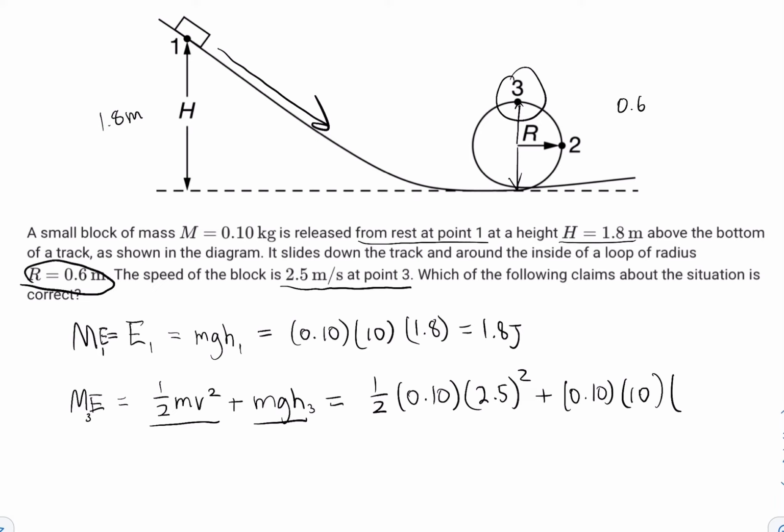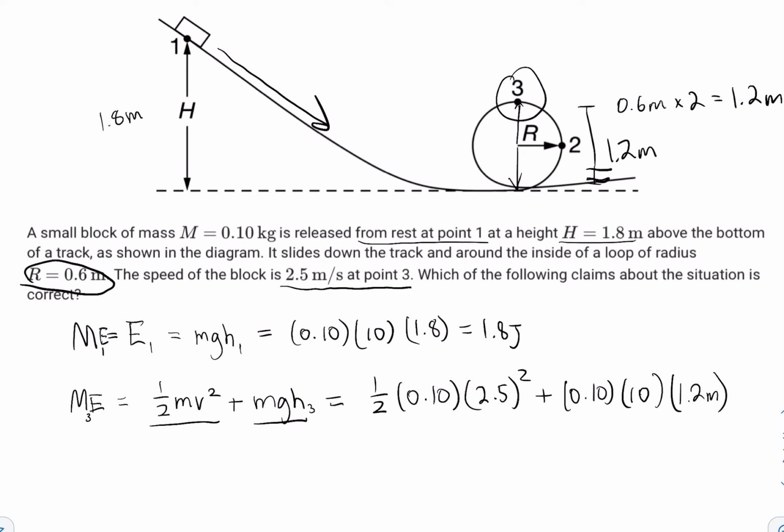So 0.6 meters times 2 is 1.2 meters. So from here to here, it's 1.2 meters. And we'll put that there.